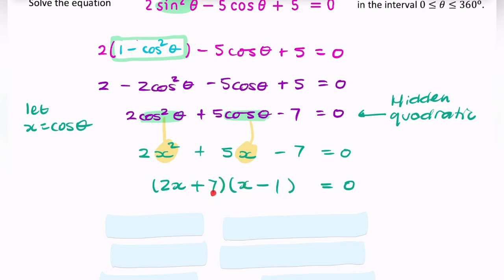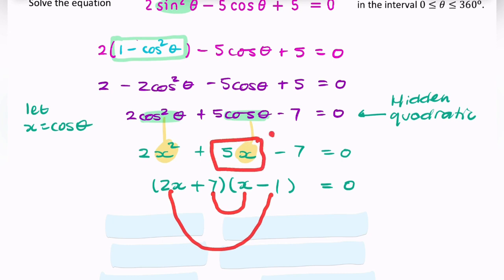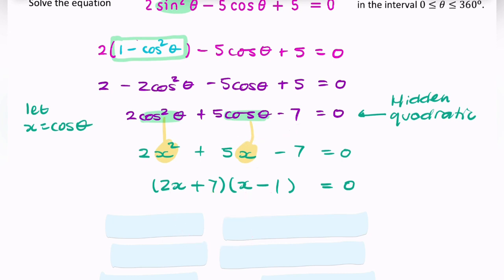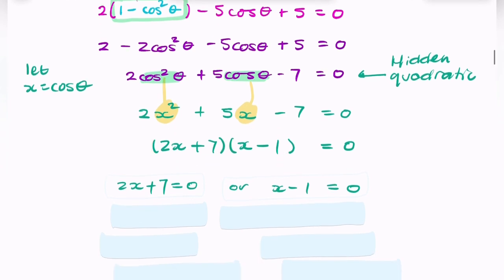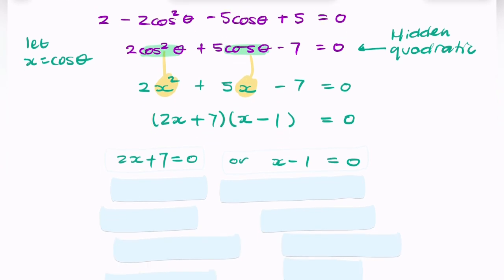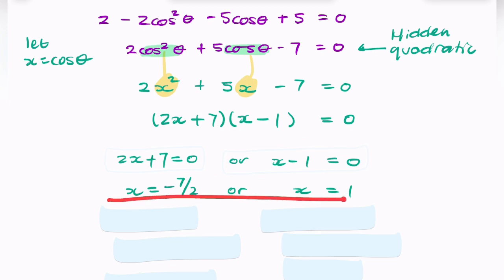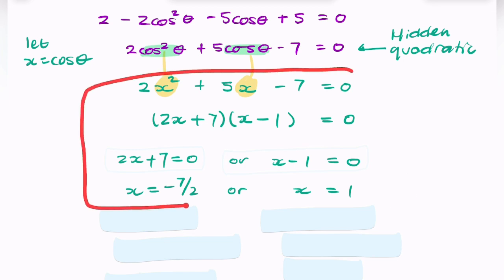And if you check, 7x minus 2x gives me 5x, so that's correct. Now we've factorized it, we can say that either this is equal to 0 or this is equal to 0. And then we just solve to find x. So we have our two solutions, and that's the end of this quadratic.